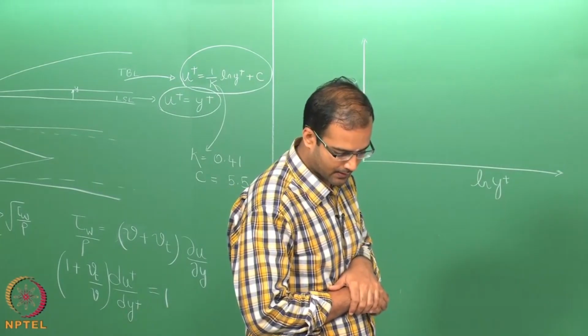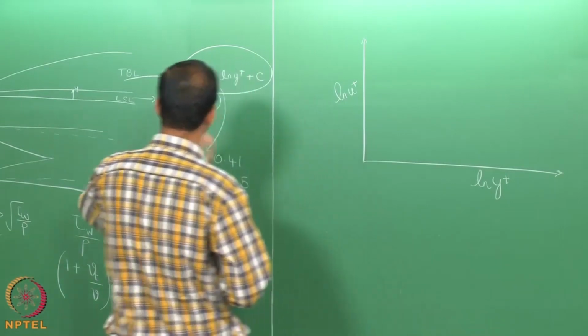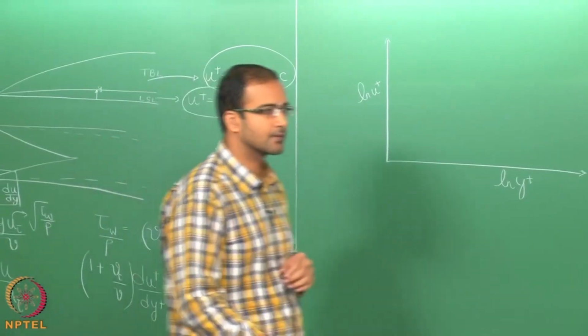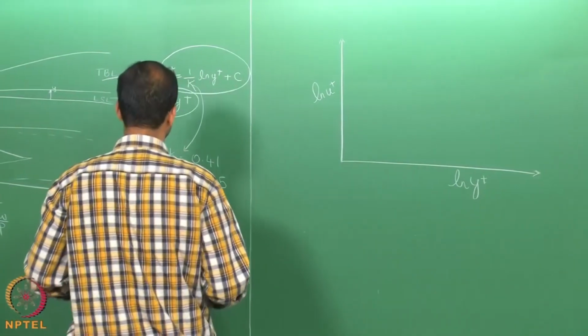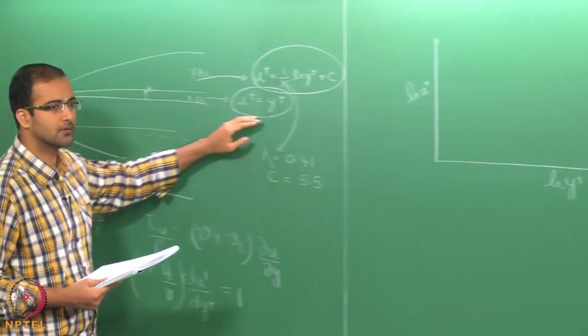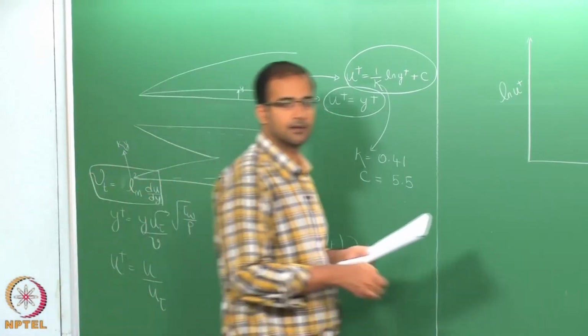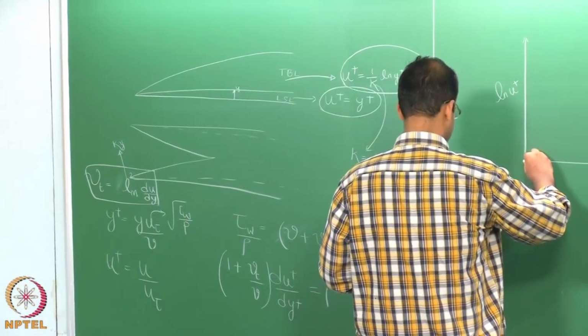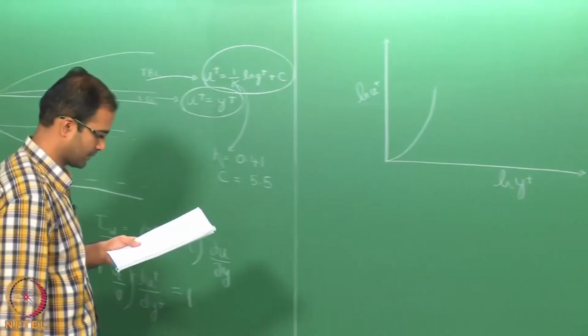So if you plot this on a log scale, what will happen to this profile? U plus is equal to y plus. On a linear scale this will look like a straight line, but on a log scale it will look something like this. Okay.